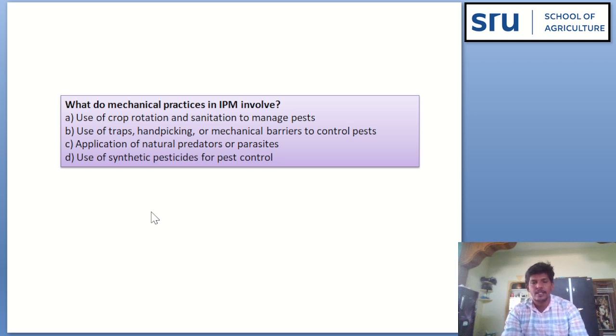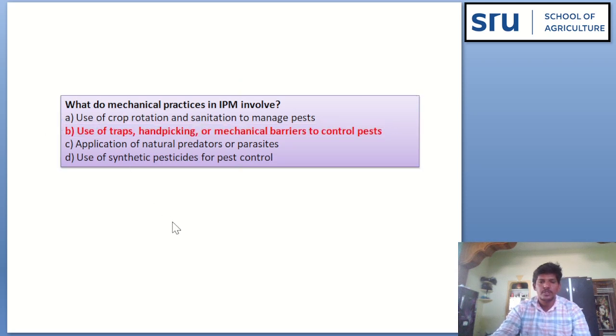Application of natural predator or parasites. Use of synthetic pesticide for pest control. Here the correct answer is use of traps, hand picking or mechanical barrier to control pests is the mechanical practices in IPM.